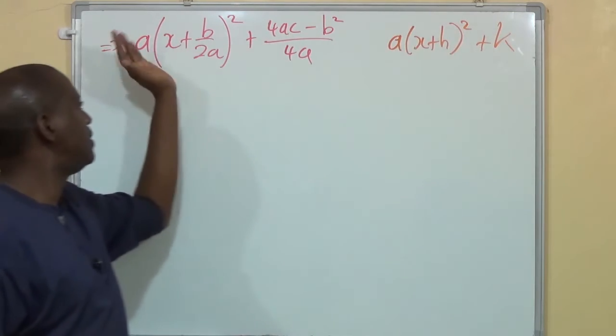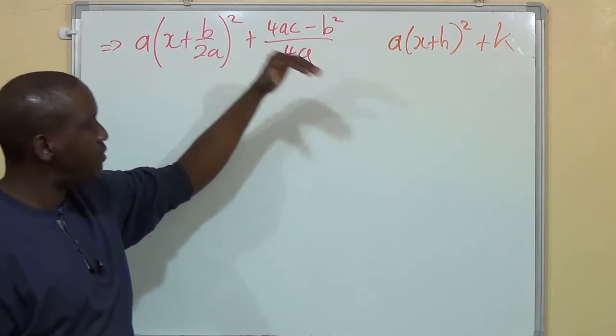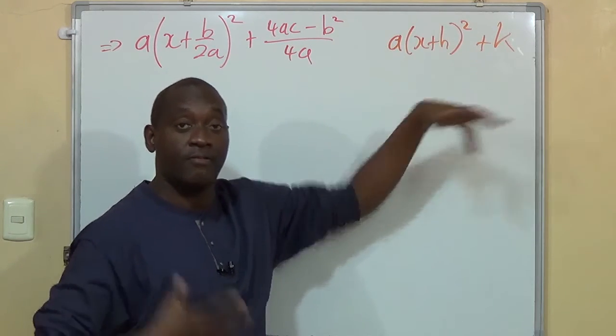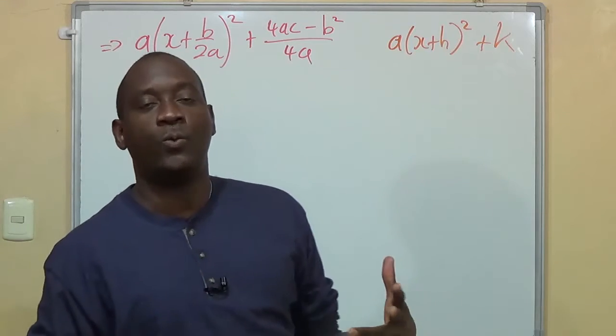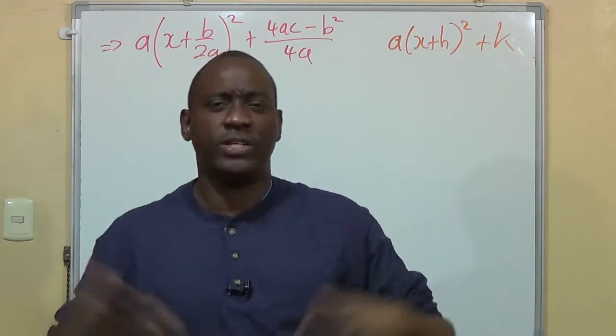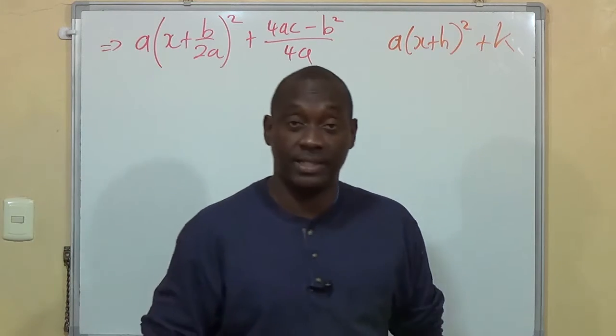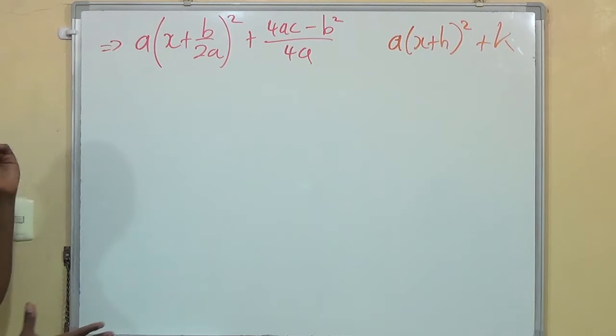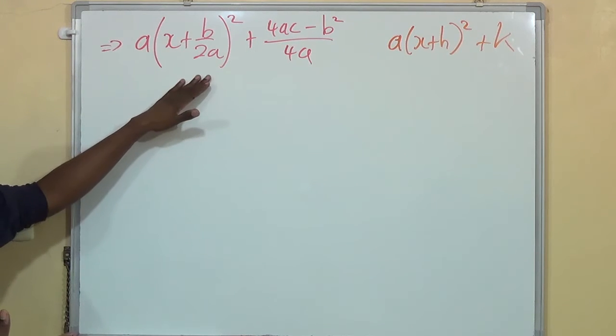And this we would have used to derive values for h and k, values that people use when they are employing what I like to call the short method or the shortcut method to complete the square. I, of course, would have used the long method to get from ax squared plus bx plus c to this.